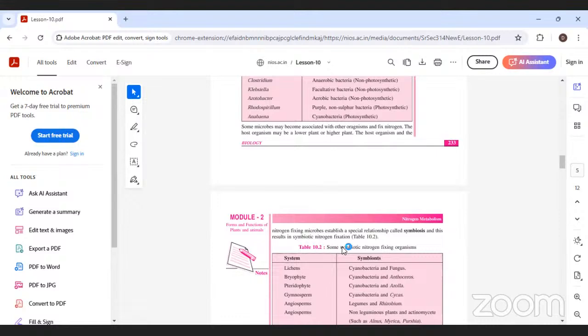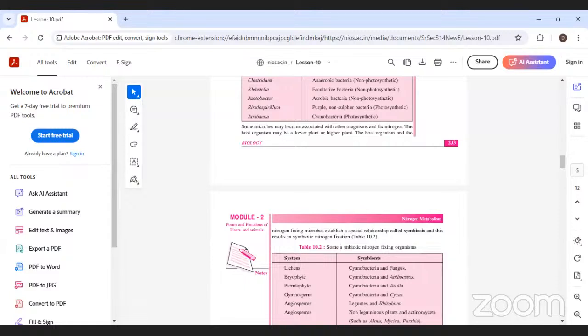Here some microbes may become associated with other organisms and fix nitrogen. The host organism may be a lower plant or higher plant.